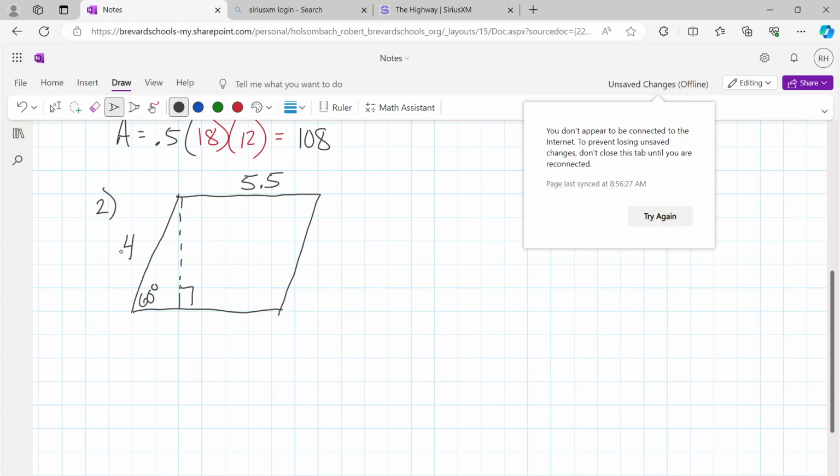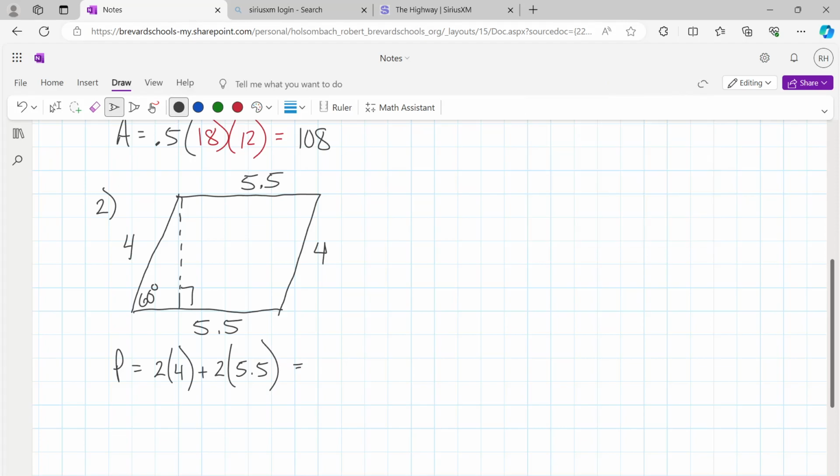So if this left side is 4, then the right side's 4. If the top is 5.5, then the bottom is 5.5. Our perimeter is equal to the sum of the sides. So we got 2 times 4 plus 2 times 5.5, which is 19.